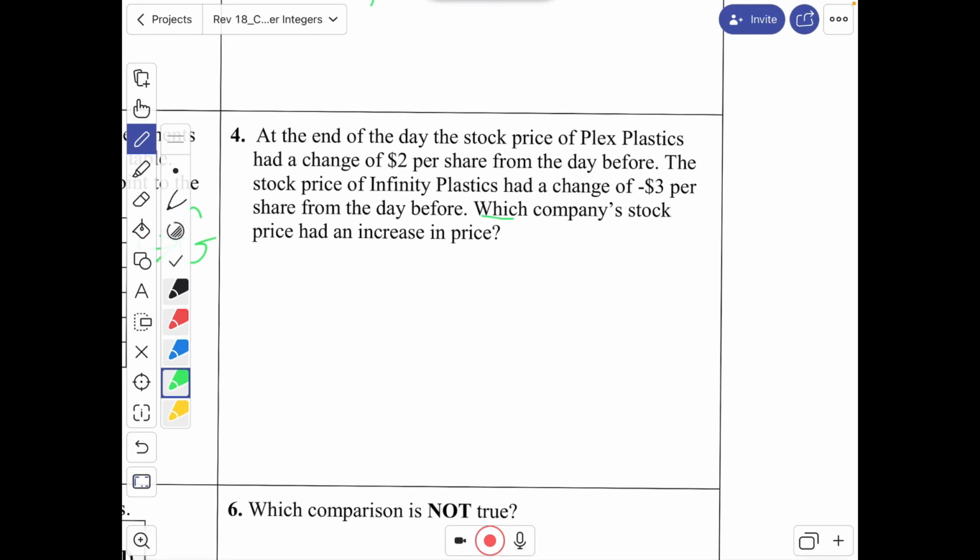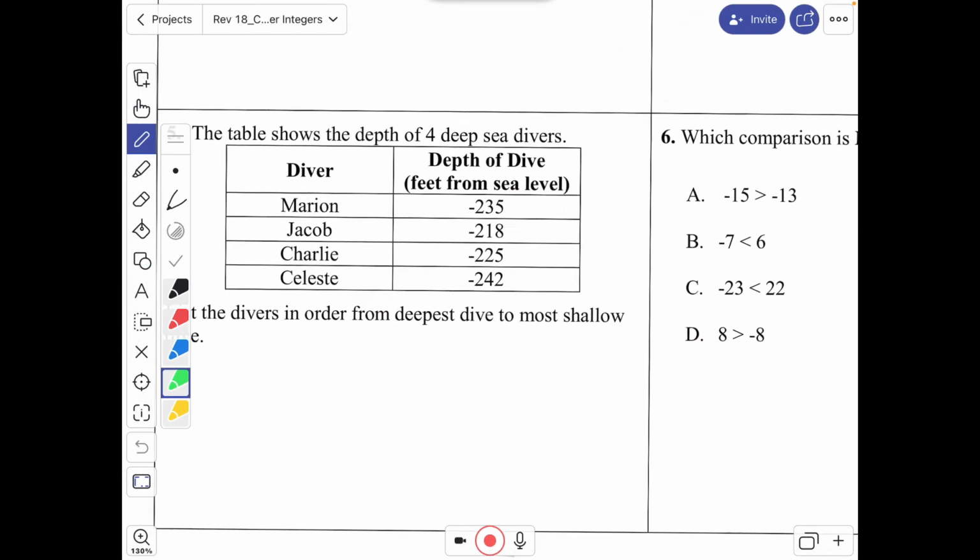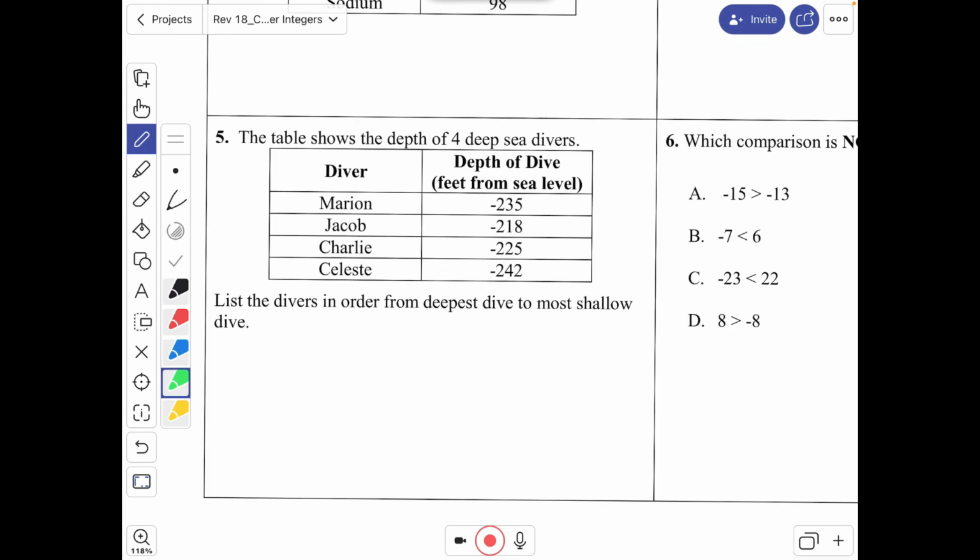Number 4, which company's stock price had an increase? So you're just trying to find which company, either Plex Plastic or Infinity Plastic, had an increase. An increase would probably be positive. Number 5.